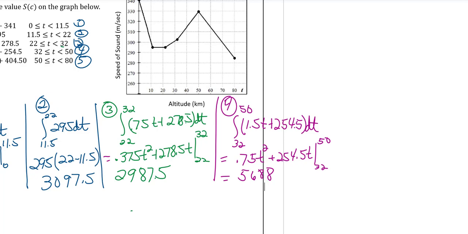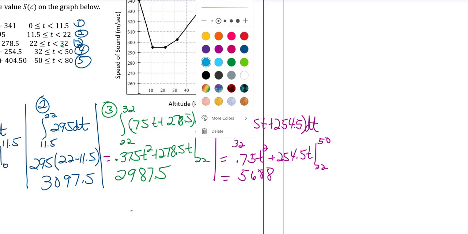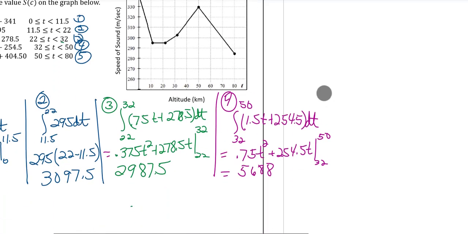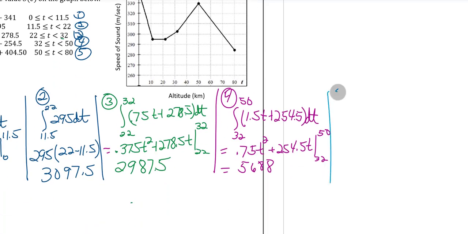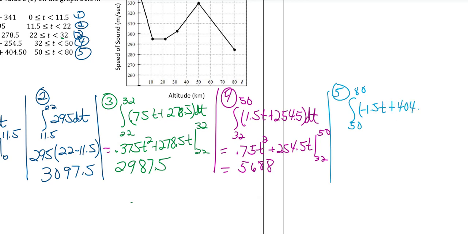And through the magic of electronics, I can extend off the page. And I'm going to need another color here. I use light blue. And for number 5, I'm going to do the integral from 50 to 80 of negative 1.5 t plus 404.5 dt.